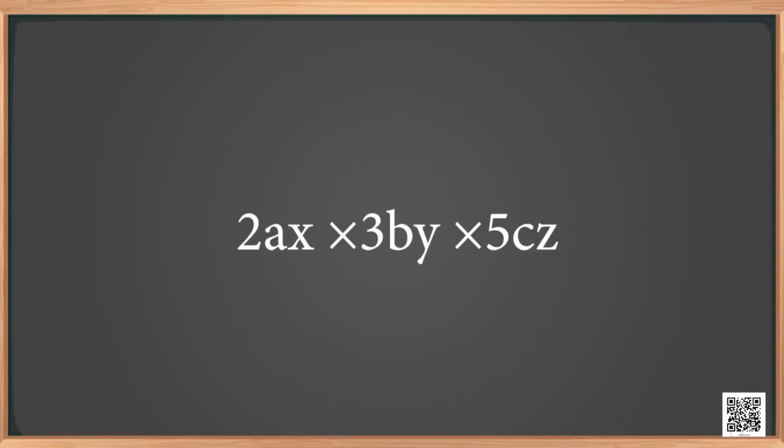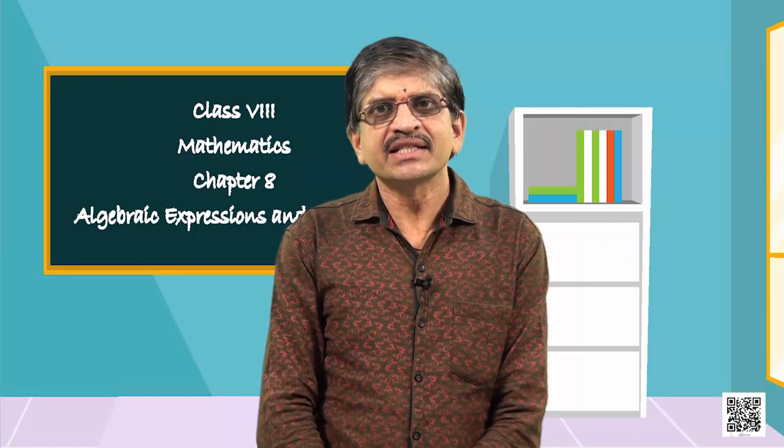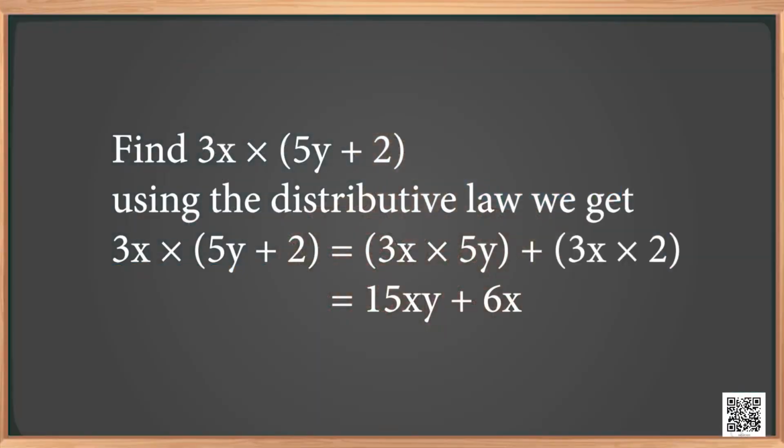2ax into 3by into 5cz. Case 3. We now learn how to multiply a monomial by a binomial. Let us consider this example. Find 3x times 5y plus 2.